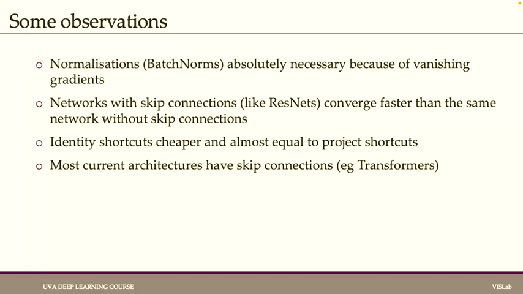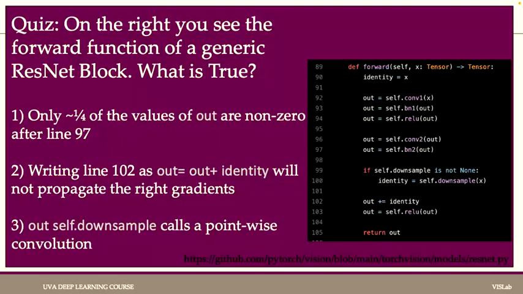All right, let's continue. So we're going to continue with a quick quiz. On the right-hand side, you see the forward function of a generic ResNet block. The question is, which of these statements are true? One, only 1/4 of the values of the out variable are non-zero after line 97.